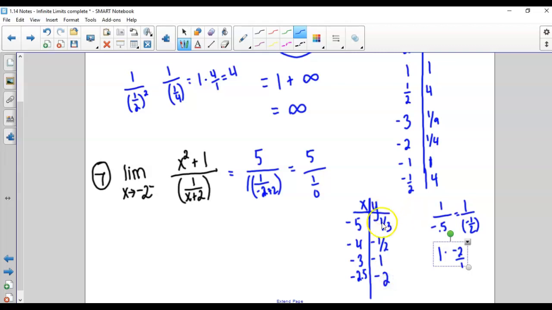So what appears to be happening if we take that limit? We're decreasing, right? And we assume that pattern would continue. So that bottom part is going to be negative infinity. So if we have 5 over negative infinity, then that would just give us 0.